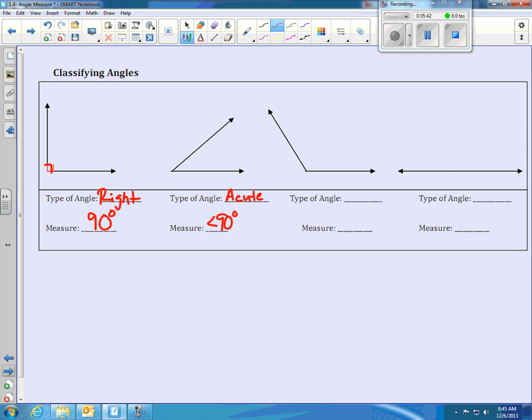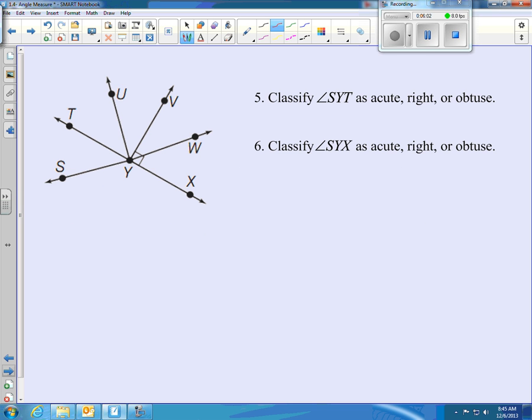Okay, our third angle is greater than 90 degrees, and this is an obtuse angle. All right, and then the last one is a line, so that one's measure is 180 degrees, and this is a straight angle. Okay, straight angle, it makes a straight line. Okay, so 5 and 6 are both asking you to classify angles.